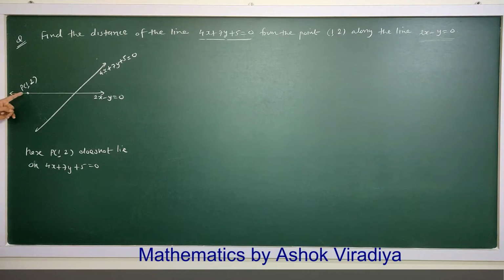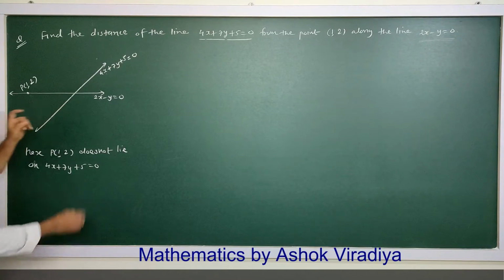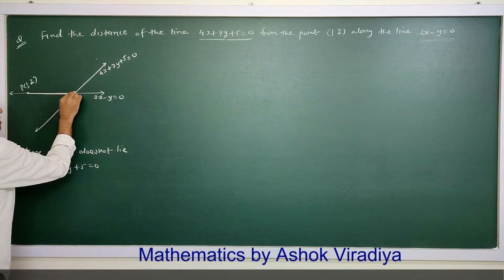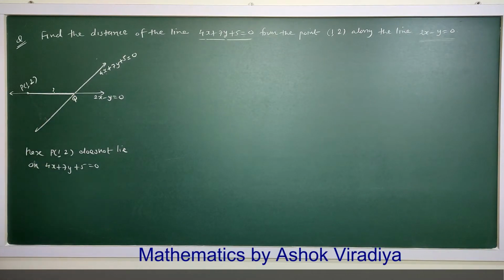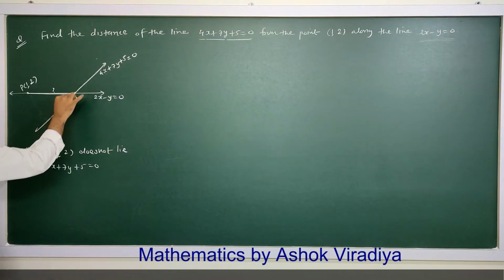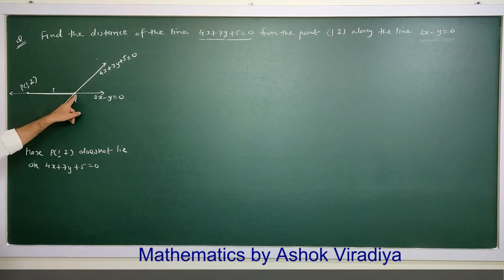So distance of this line from this point along this line, that means we are asked this distance PQ. This is required. For that, we want coordinates of Q. And here 1, 2 lies on this 2x minus y equal to 0. That's why when taking this line, I have included 1, 2.